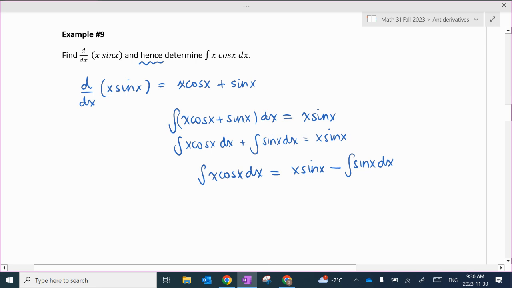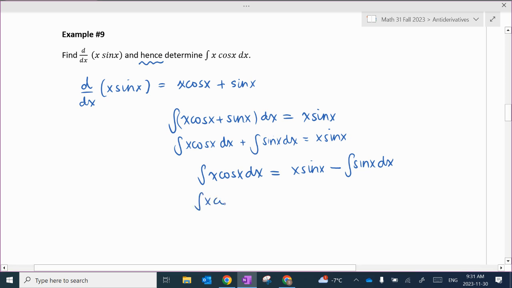This is a question where having your notation and making sure you always write your integral symbols until you've actually found the integral is really important, because when I look at what I have to do on the right side to simplify this overall antiderivative, x sine x doesn't have a symbol, so that means I just leave it as is, but I do have a symbol on sine x, so that means I have to do the antiderivative for that, okay? If we had just dropped all our symbols while we worked, we might be confused as to what we had to do in this next step, right? So that's why you don't drop your symbols until you're actually doing the operation.